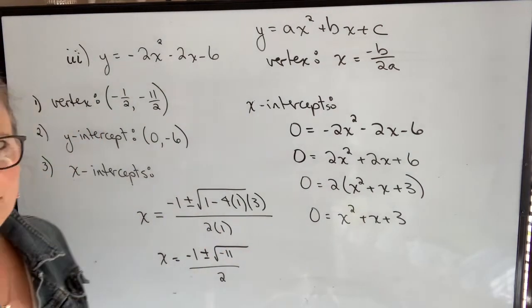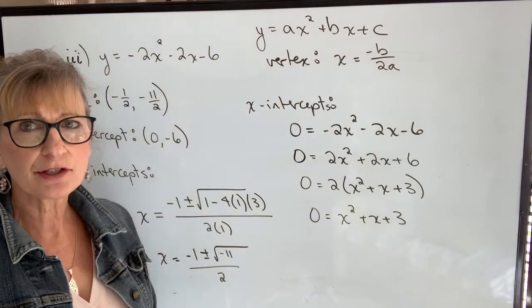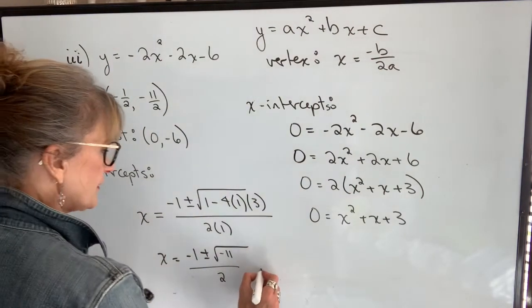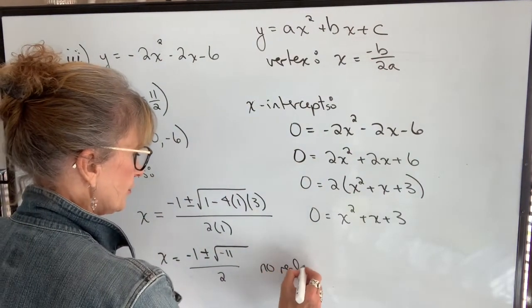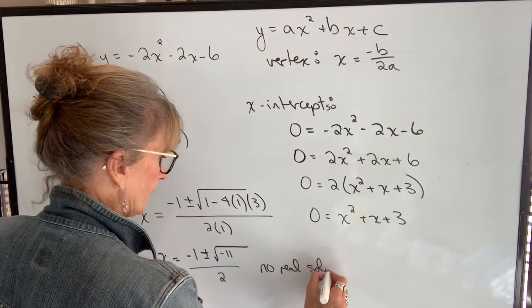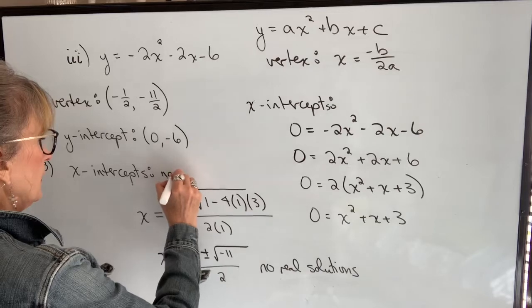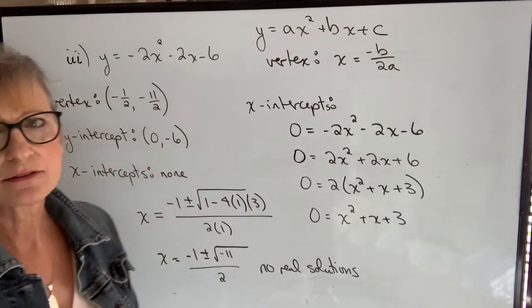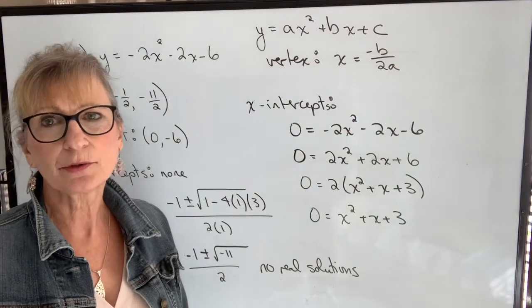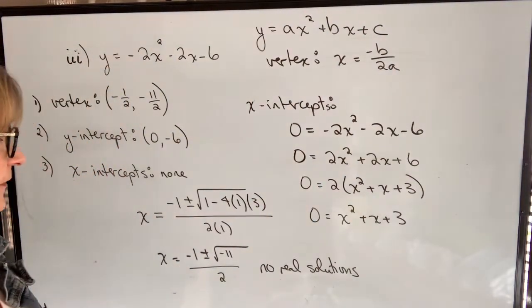That's an imaginary number. The square root of a negative number is imaginary, so we have no real solutions to this equation. Therefore, there are no x-intercepts. This parabola is not going to cross the x-axis.